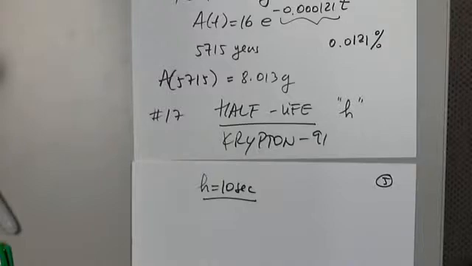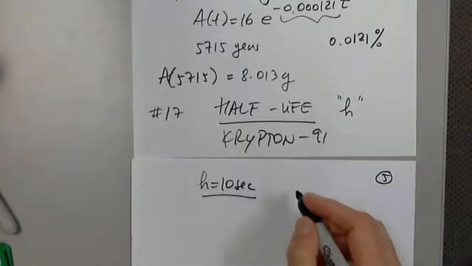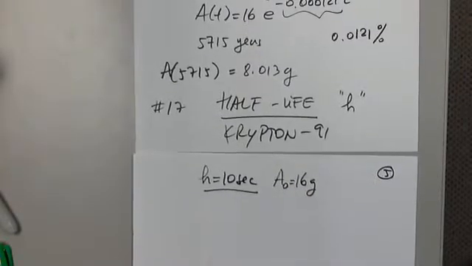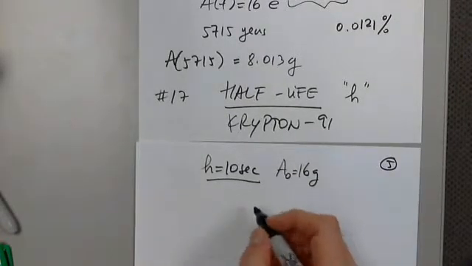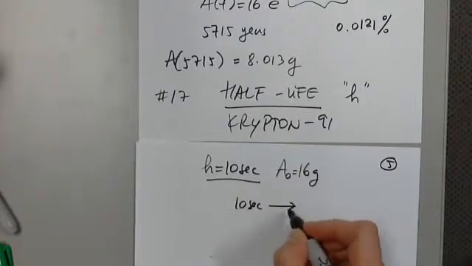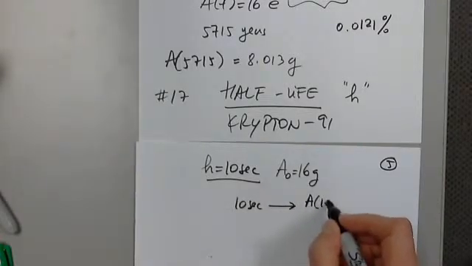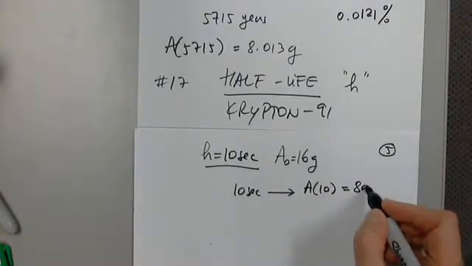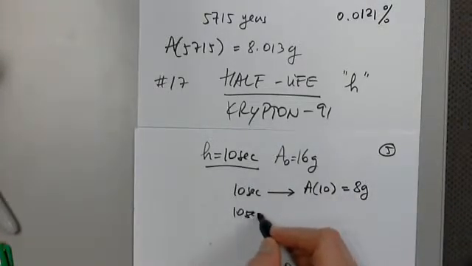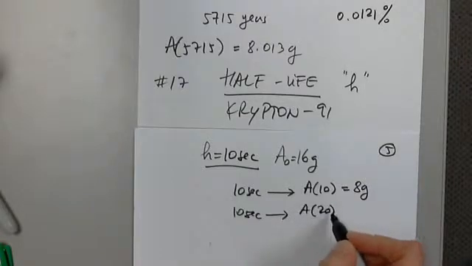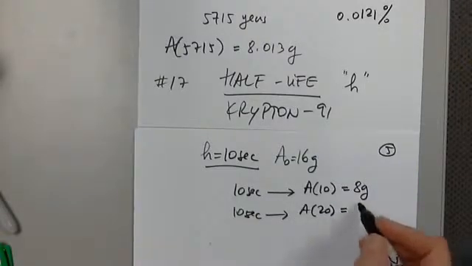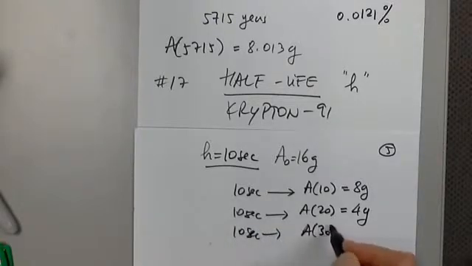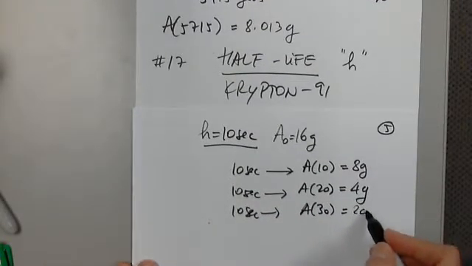So if we are told that there are 16 grams present, A0, the original amount, is 16 grams. Can you please tell me what happens in 10 seconds? 10 seconds later, the amount becomes 8. Then 10 more seconds later, A of 20 seconds, it becomes 4. 10 seconds later, A of 30, that will be 2.